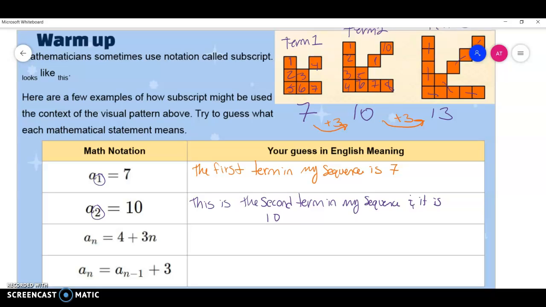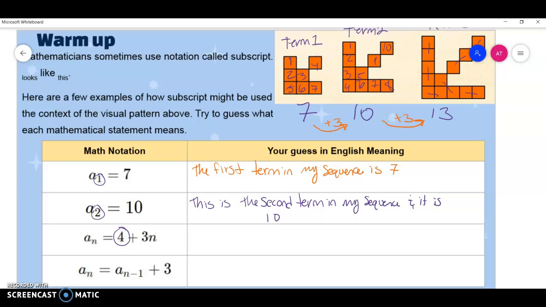And what do you think this A sub n, so any number, equals 4 plus 3n? Well, what you notice is that this 4, okay, remember we've been dealing with sequences where, yesterday it was the shrinking dollar where it was originally 66 inches in height, and each time we multiplied by 0.75.